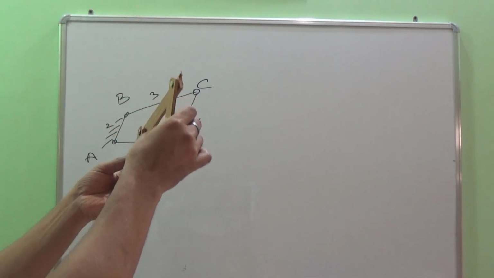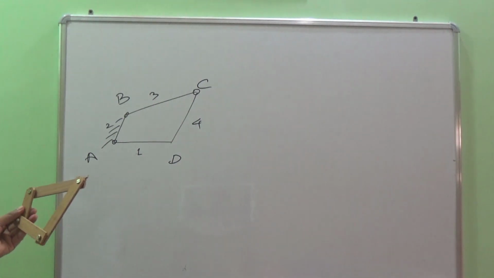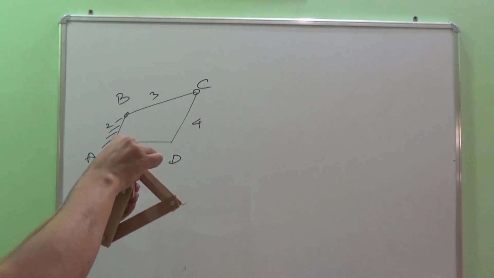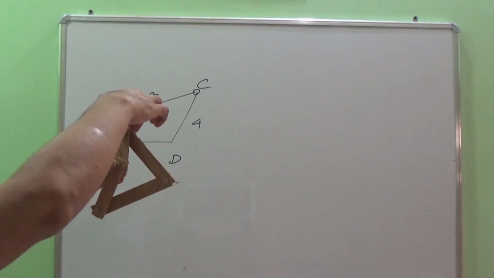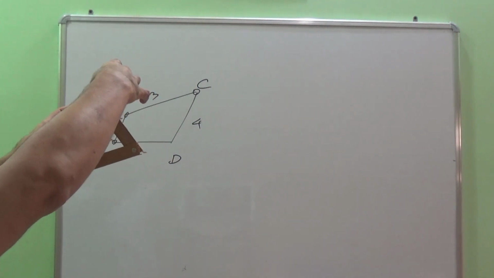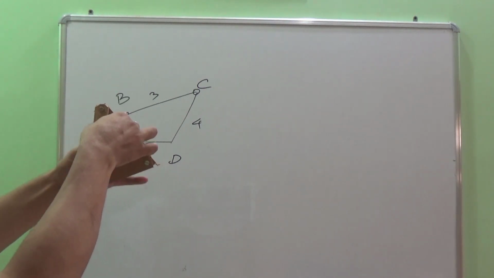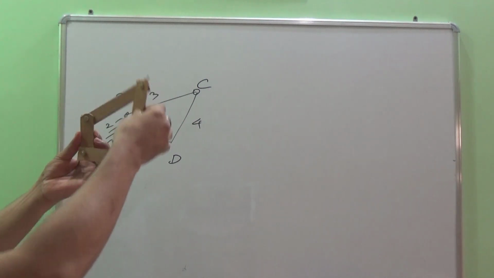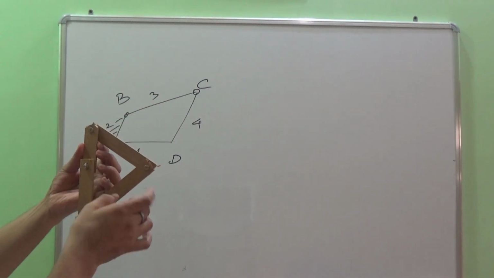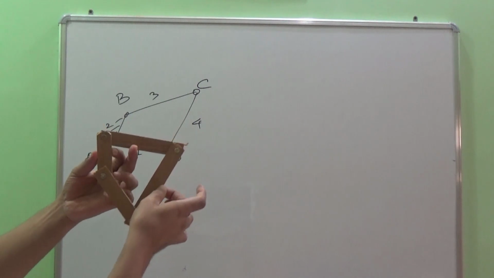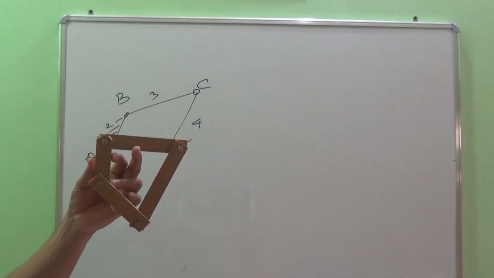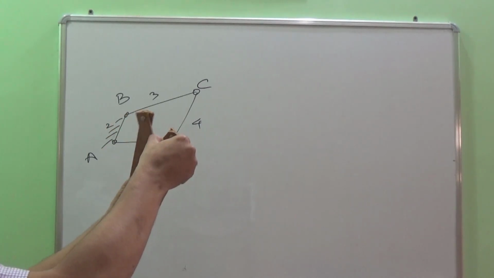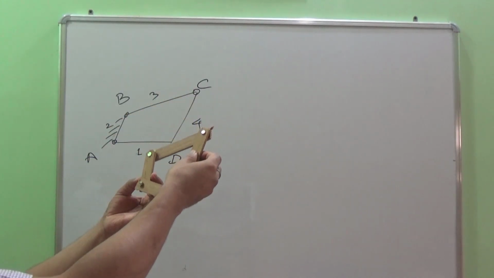So if I fix the shortest link, link 2, what feel am I getting? I am getting the feel that links 1 and 3 are rotating about these 2 points, A and B. At the same time, link 4 is revolving around link 2.